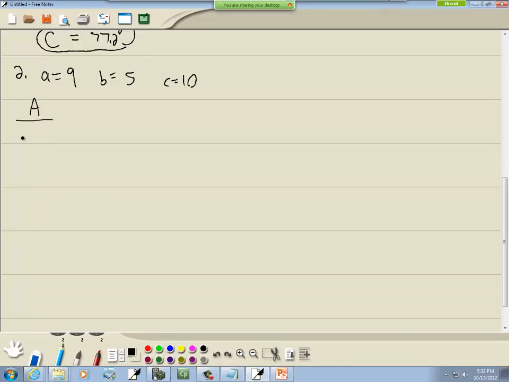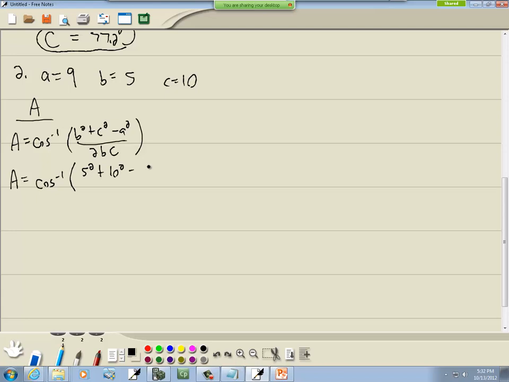So let's find A first. A is equal to the inverse cosine of B squared plus C squared minus A squared all over 2BC. So I got 5 squared plus 10 squared minus A squared, which was 9, so 9 squared, over 2 times 5 times 10.